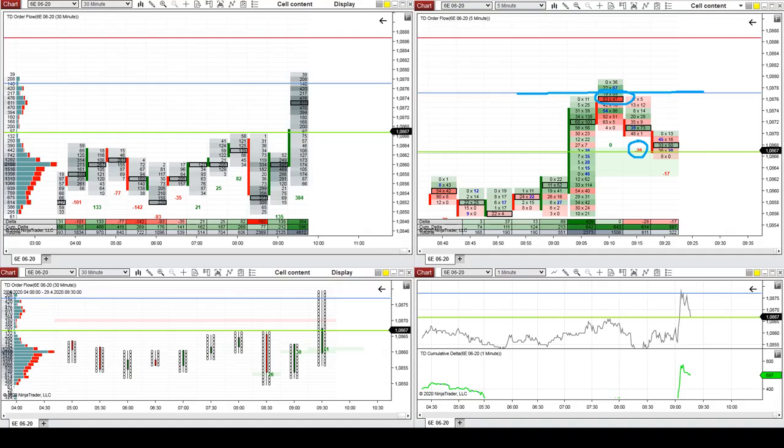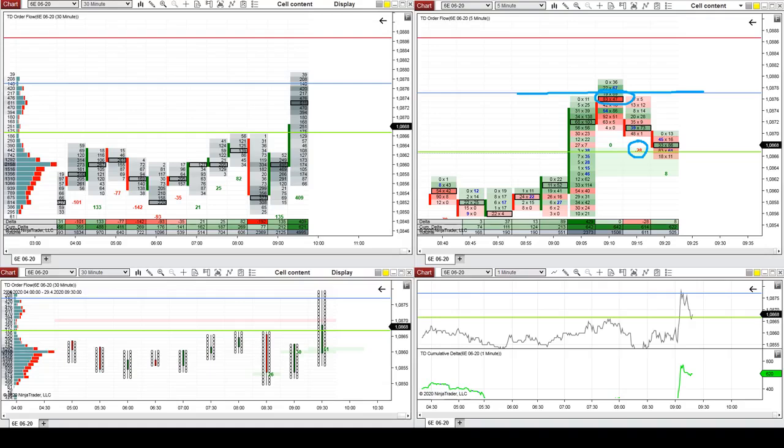The delta is still slightly negative for this footprint, but it seems that buyers are jumping in here. Delta close to zero, there's selling imbalance, buying imbalance. Currently there is not any sign of aggressive buyers reacting to this area.